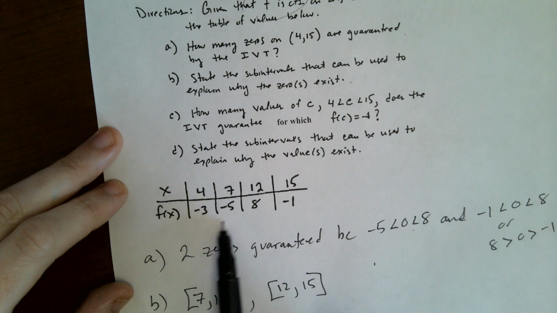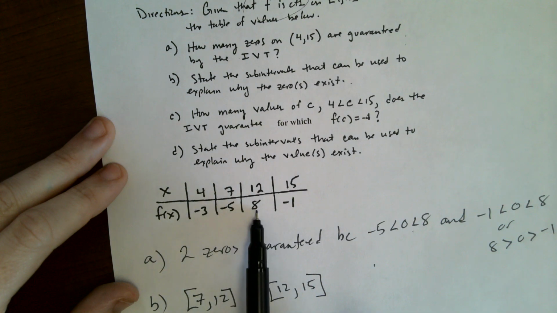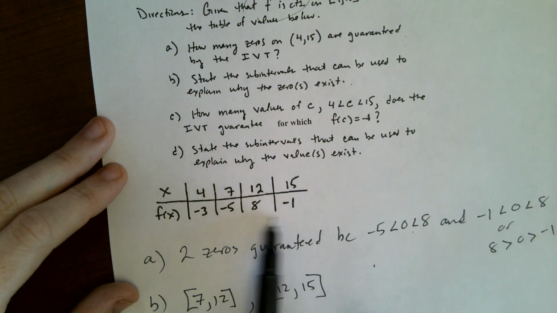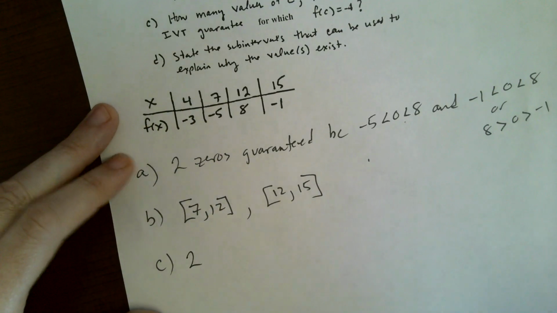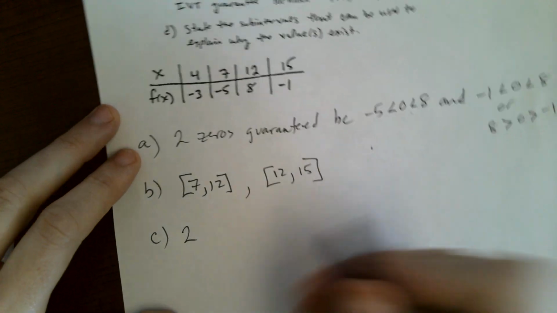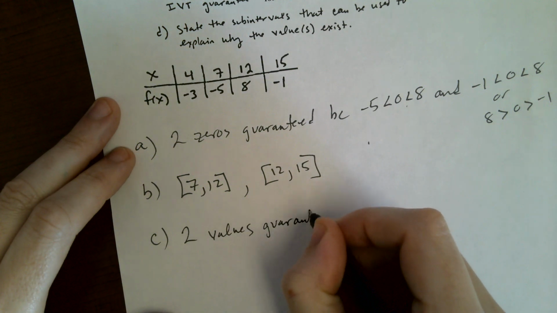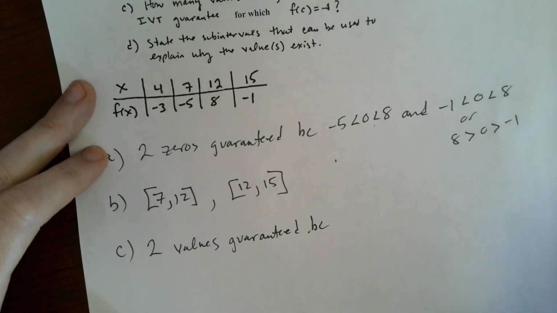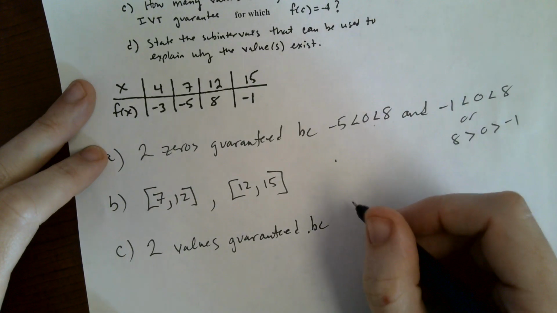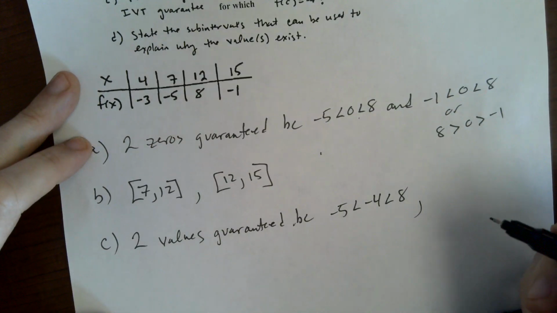So -3 and -5, yep, -4 is between there. -5 to 8, yes again. 8 to -1, no. Okay, so two values guaranteed because -5 is less than -4 is less than 8.